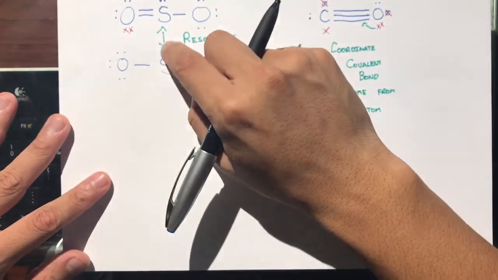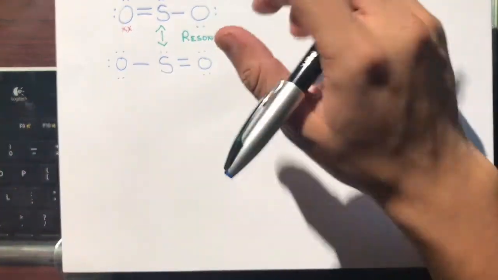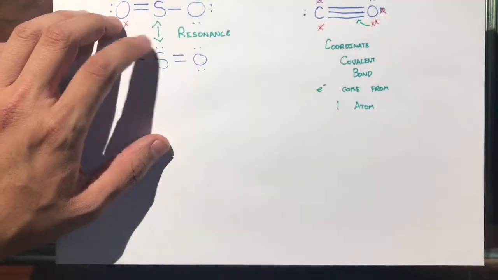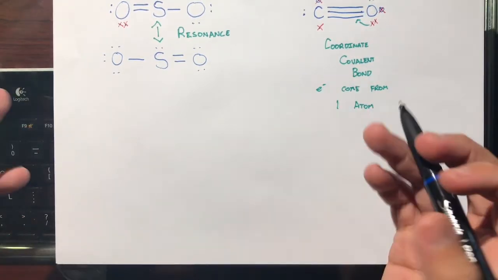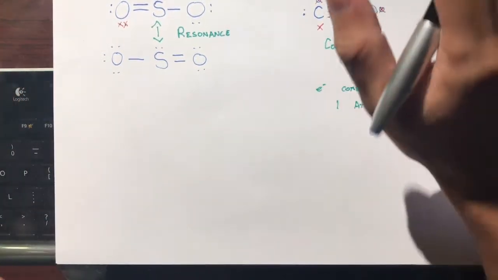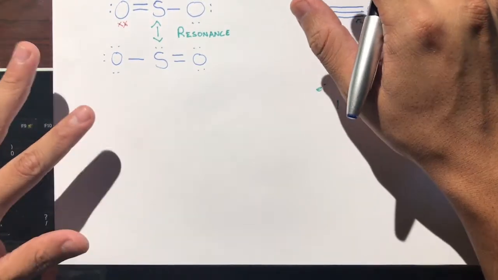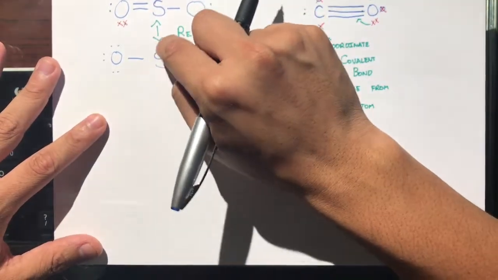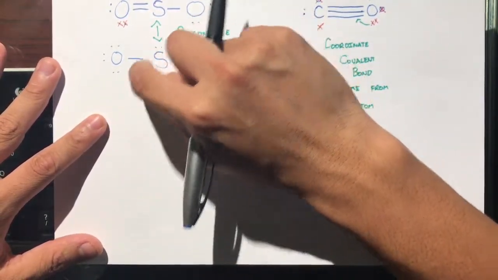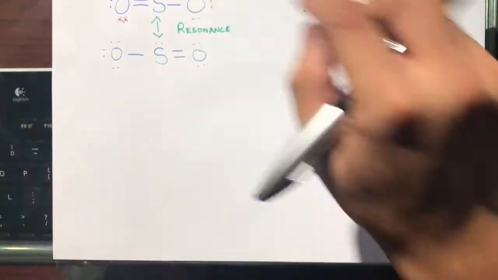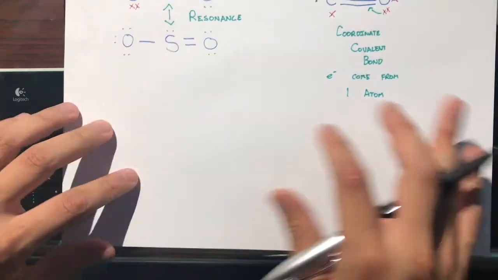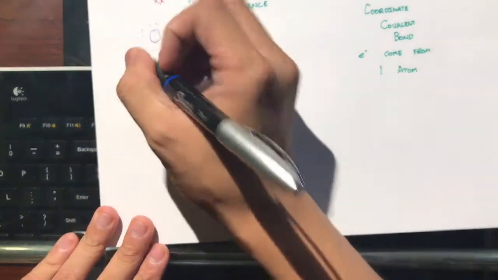Just know that if we're talking about a compound and it has more than 8 electrons, don't be like, well, Mr. Reed, you said that there could only be 8 electrons. I know I said that. But there are exceptions to the octet rule that are going to make it possible for there to be more than 8 electrons around certain atoms. Okay, and sulfur is one of those that can fit up to 12. So don't freak out if you see that.